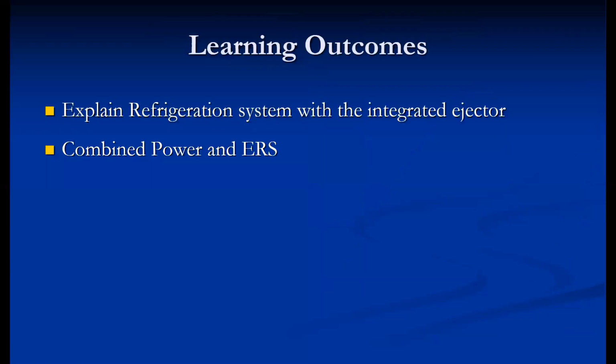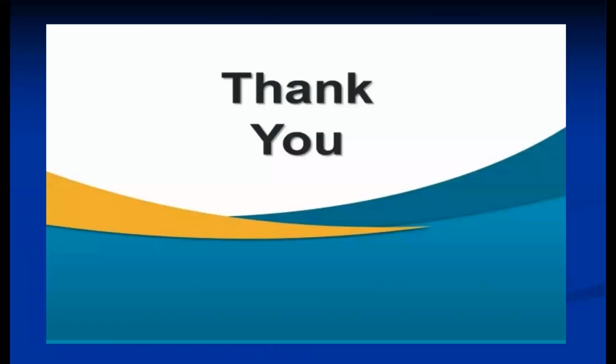At the end of this topic, you should be able to explain the integrated ejector refrigeration system, its construction and working, and how it improves the COP of the system. The second one is the combined power and ejector refrigeration system, its applications and working principle. With this, we have completed unit number 1.